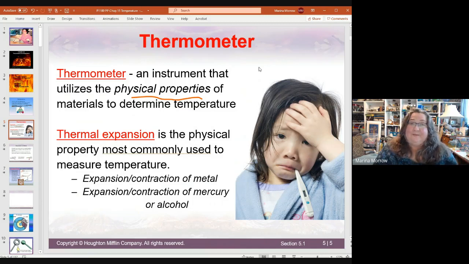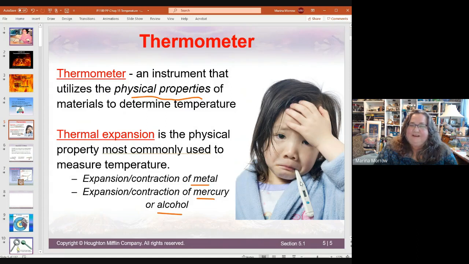But we have other physical properties that are used for thermometers also. We don't usually use expansion so much anymore. We use a lot of electrical devices and other properties. So, anyway, thermal expansion is often still used for regular thermometers. So it can be the expansion or contraction of metal or the expansion and contraction of mercury or alcohol.